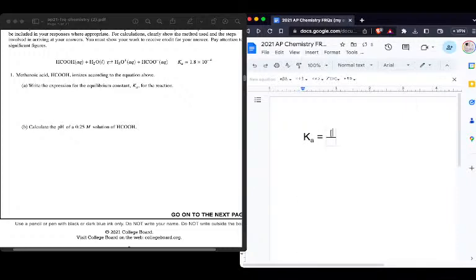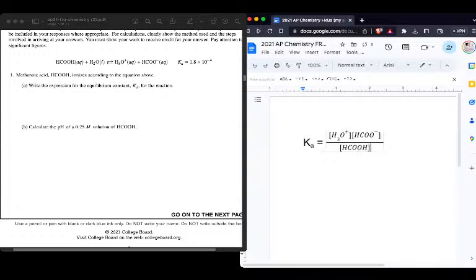Now I've got H3O+ as one of the things that it's ionized into. It was aqueous, and so its concentration counts towards the equilibrium expression. Its concentration will be on top. HCOO- will also contribute. It's also aqueous and on the product side.